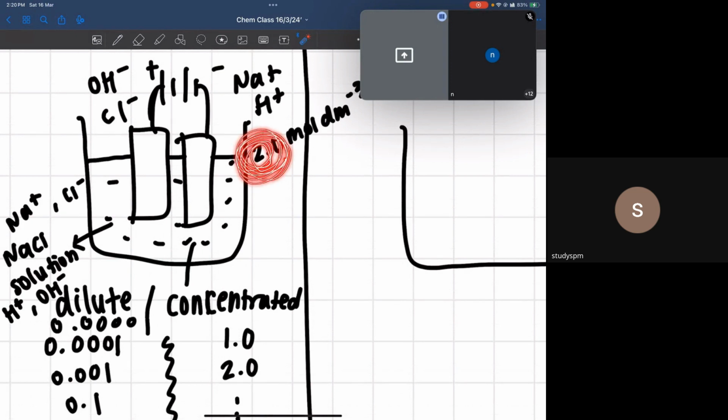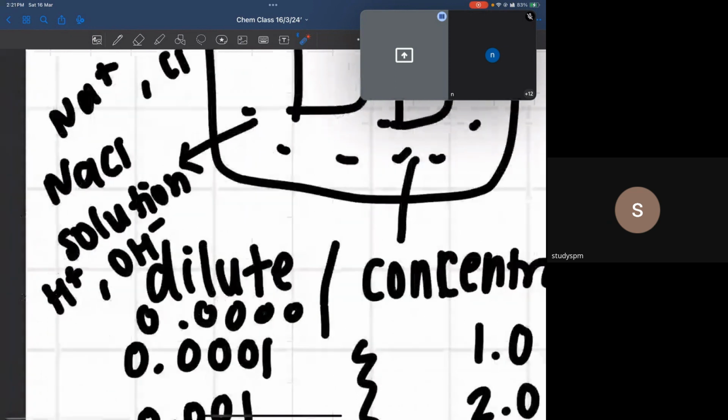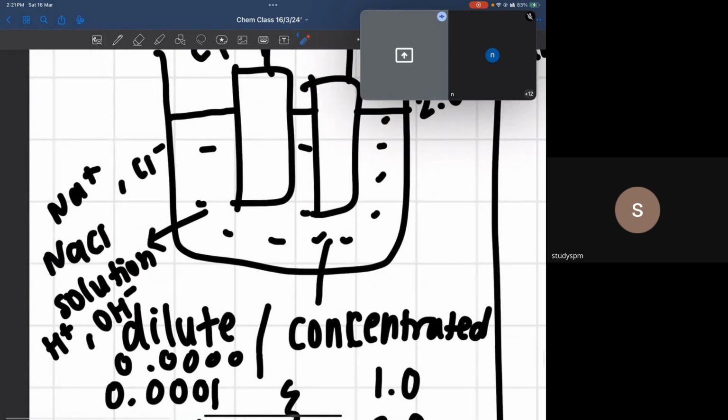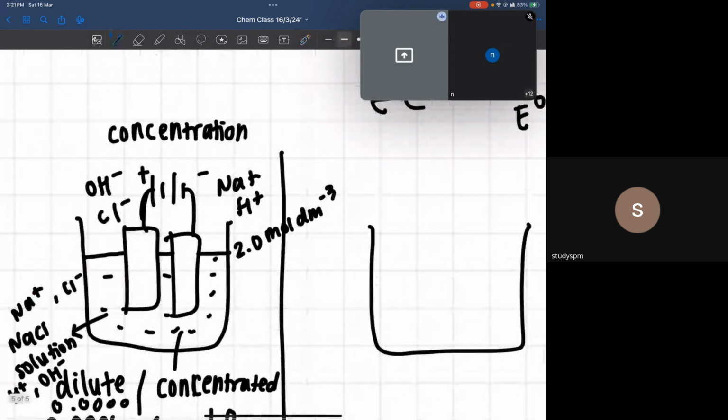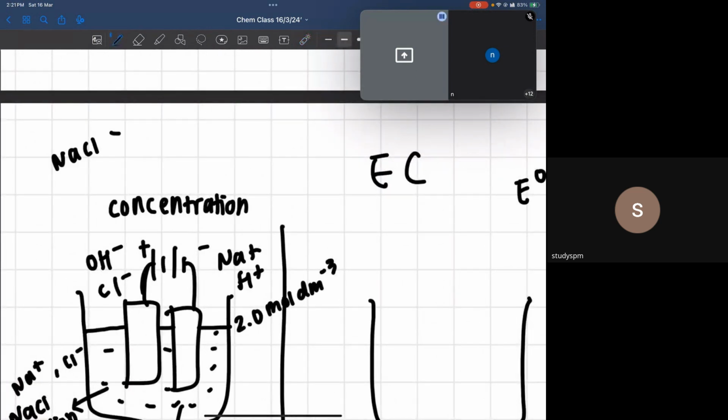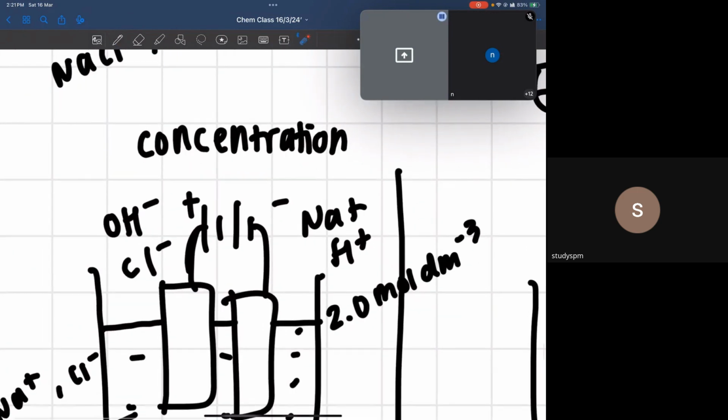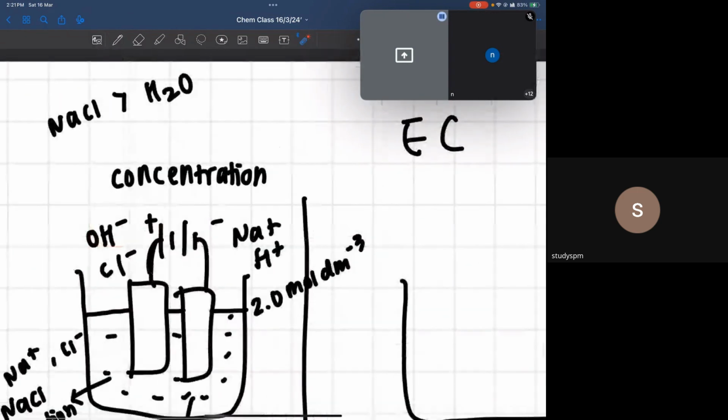If the question is nice, they will tell you concentrated solution. But if the question is nasty, they won't tell you. Okay? So you must know this one. So 2.0 is under concentrated. Concentrated means the sodium chloride ratio is greater than the water. Okay, the concentrated sodium chloride is greater than the water. Meaning the hydroxide ion came from where? Came from water, right?